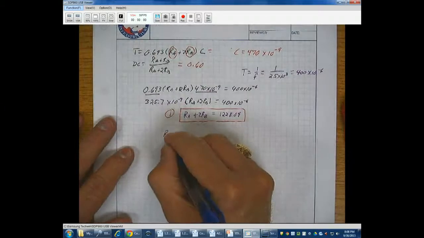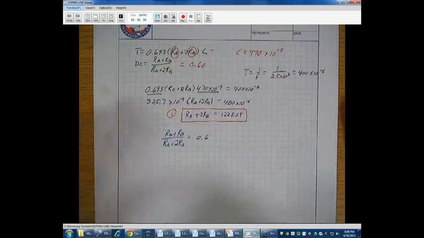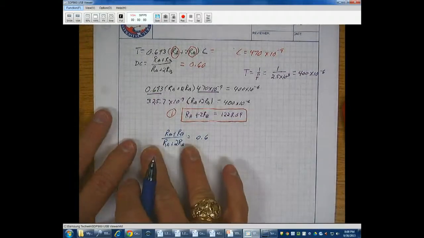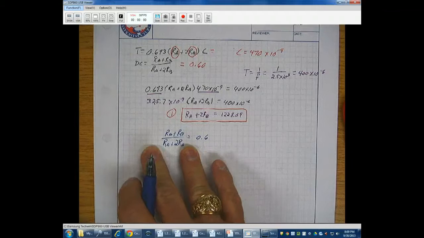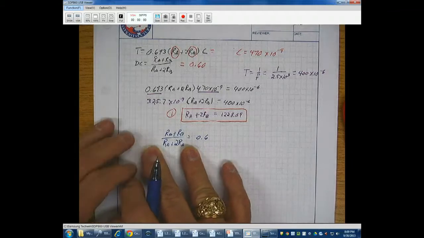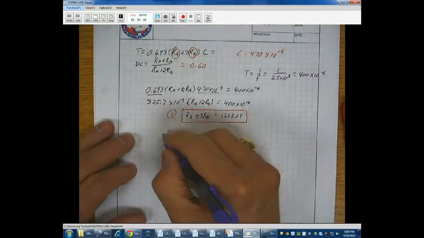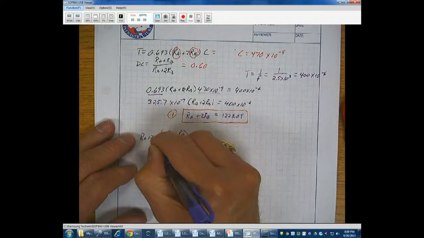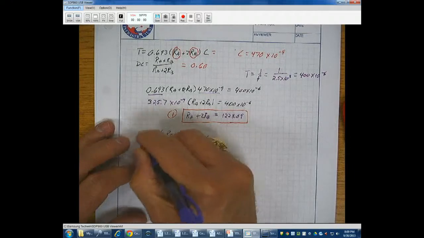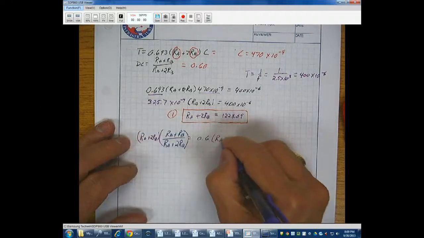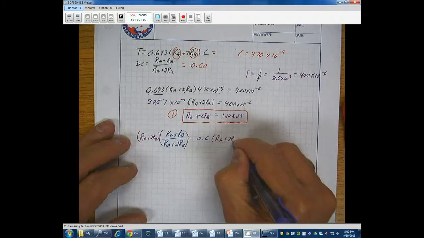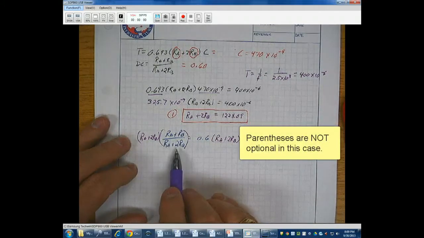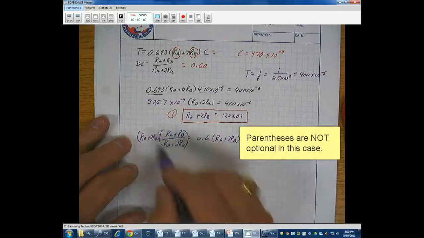So I have RA, and I can multiply both sides of this equation by the denominator. That's, again, when I try to get a variable by itself, I want to get rid of the fractions usually. So I'm going to multiply, and I'm actually going to show this one. I'm showing that I'm multiplying both sides by what's in the denominator of my fraction here to essentially get rid of it.